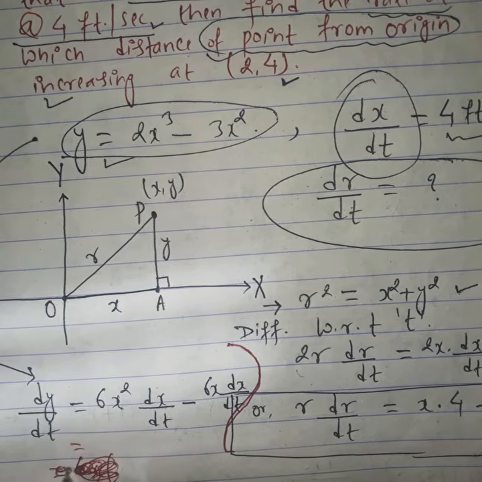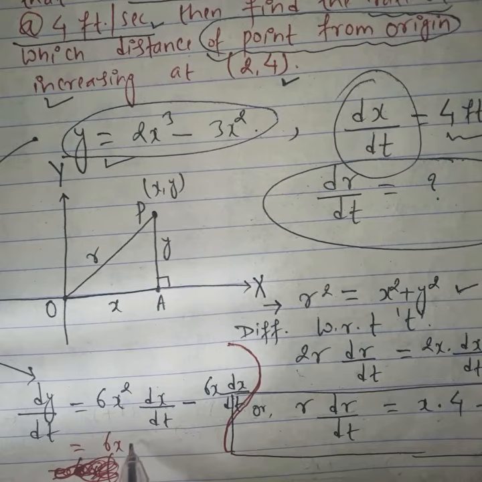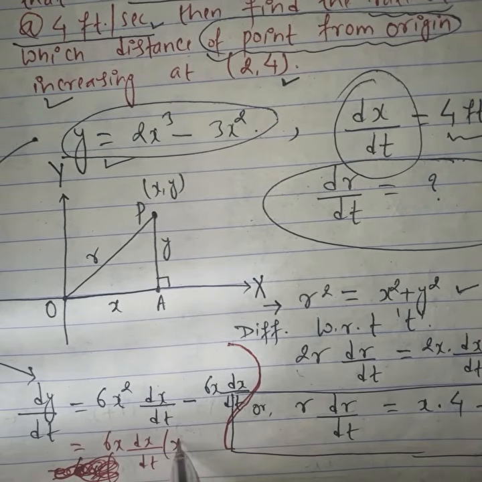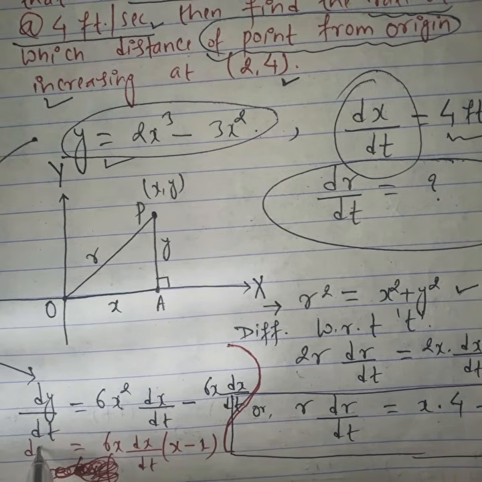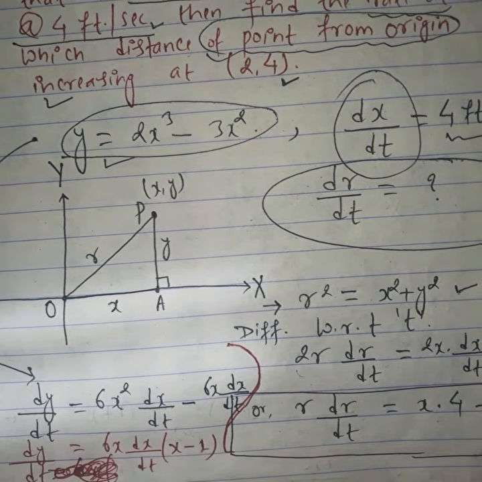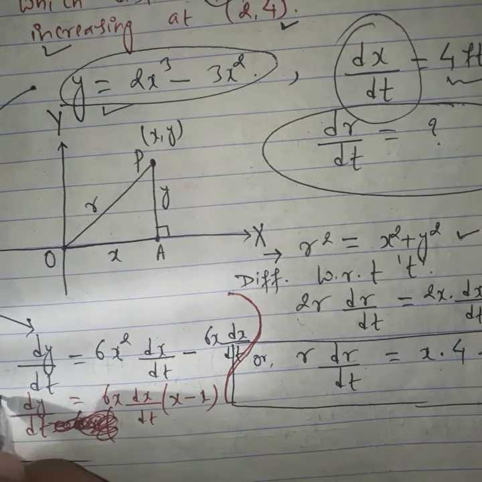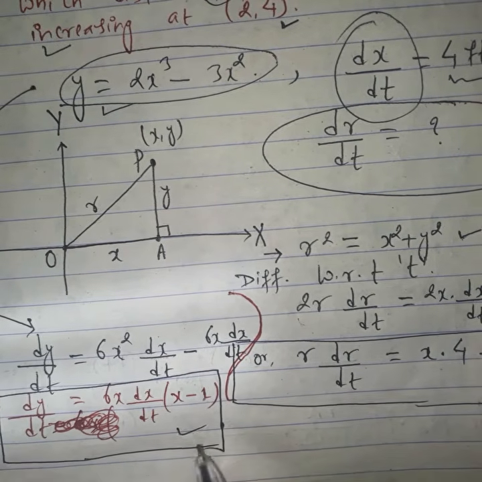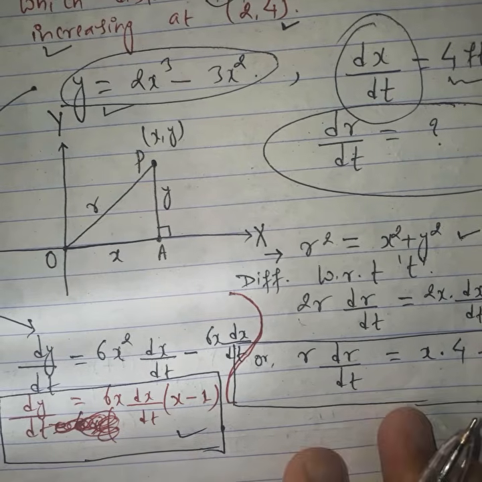Let's take 6x and dx over dt as common. The remaining term will be x minus 1. This is the value of dy over dt. In this step we just take 6x dx over dt as common.